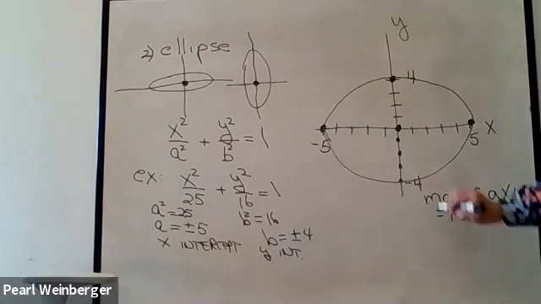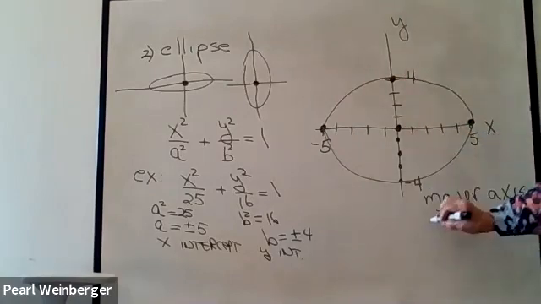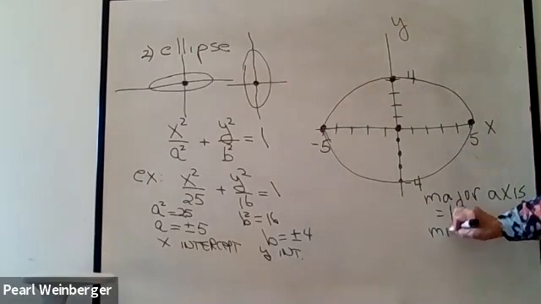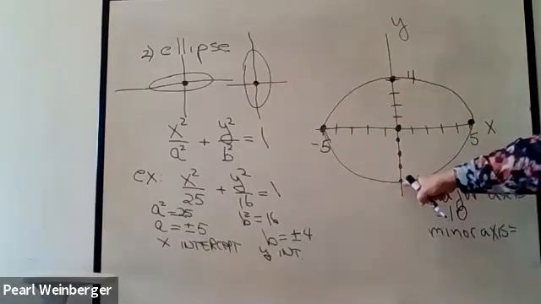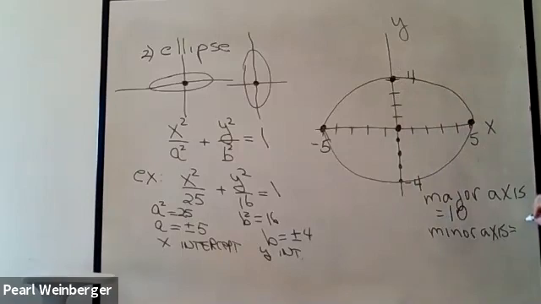The other axis, the smaller one, is called the minor axis. The length of the minor axis in this case is going from -4 to 4, a total of 8. So we have these two lines that are important to talk about.